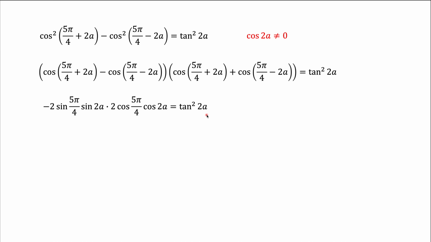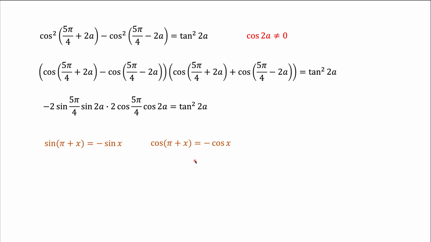All right. So what's the next step? Well, the next step seems to be to figure out what sine of 5 pi over 4 and cosine of 5 pi over 4 are. To do this, we need to remember formulas like this: sine of pi plus x is minus sine x, and a similar story for cosine.